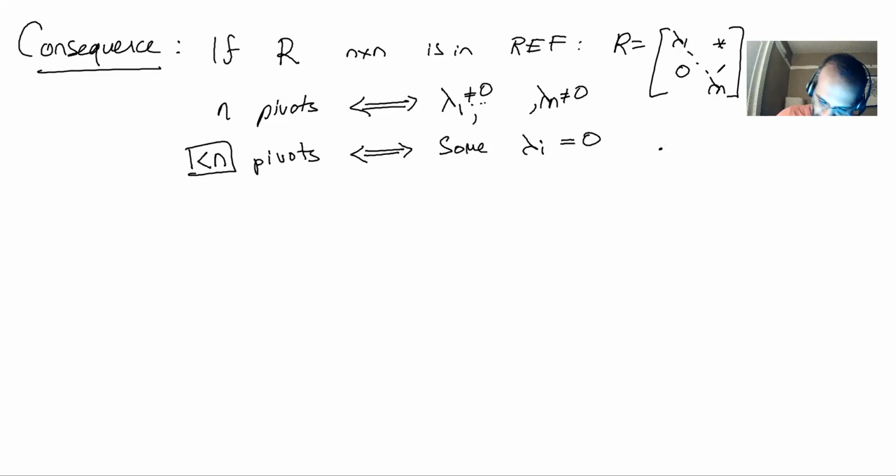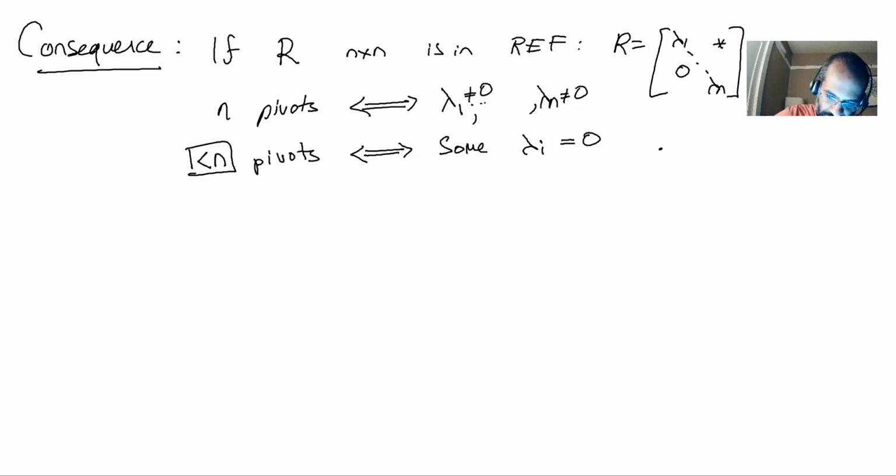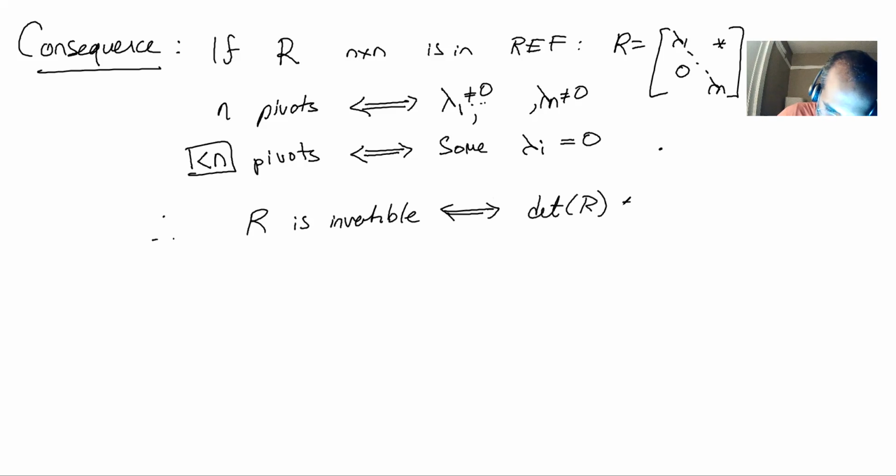So if I combine this with good property number 1, what do I get? Well, remember, invertibility means having n pivots, right? So the conclusion is R is invertible if and only if the determinant of R is not 0, for a matrix in row echelon form.